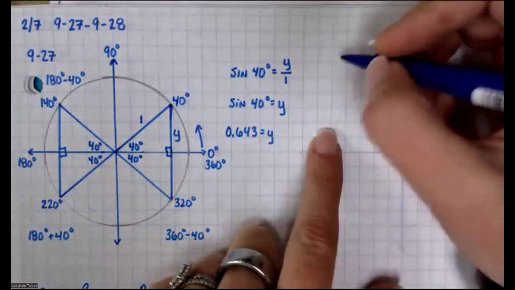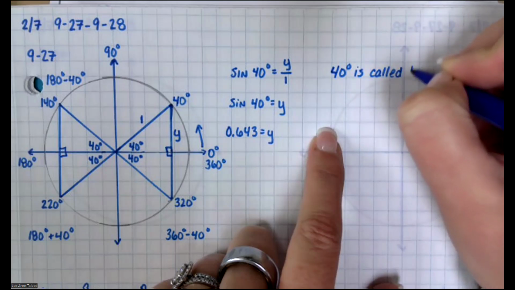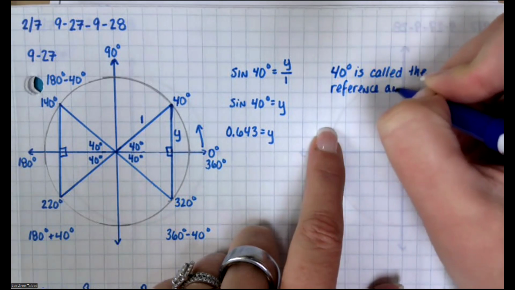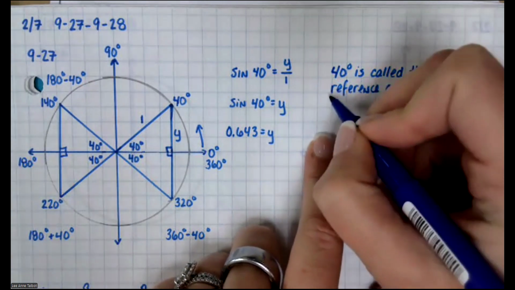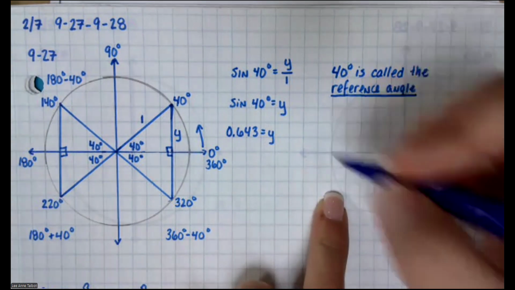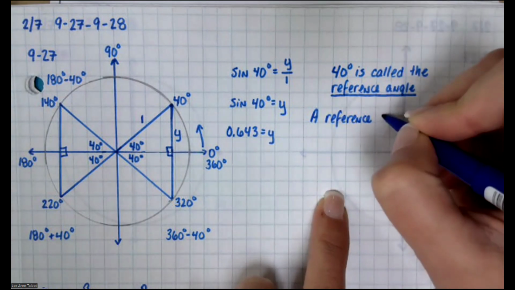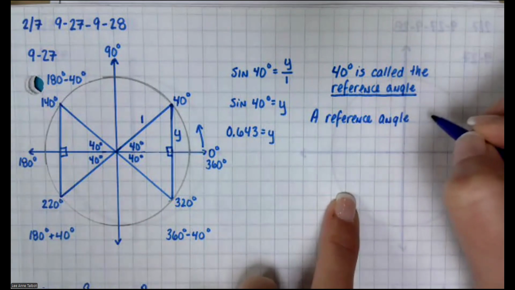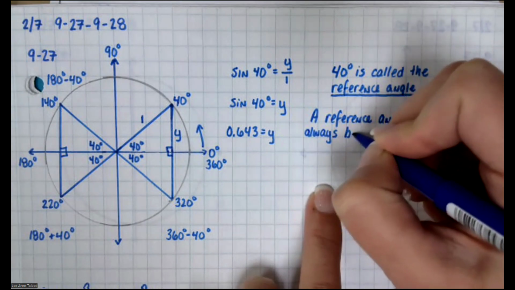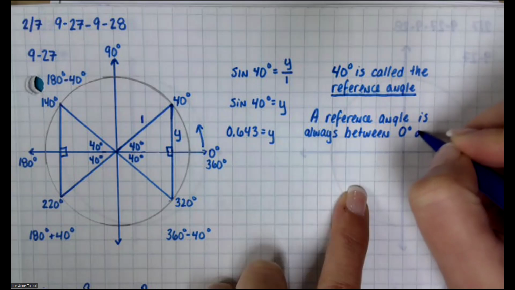Okay. 40 degrees is called the reference angle. The reference angle is always between 0 and 90.